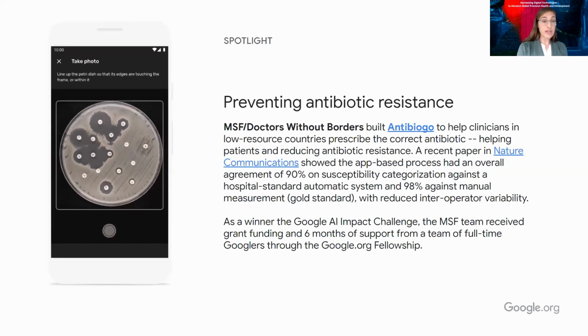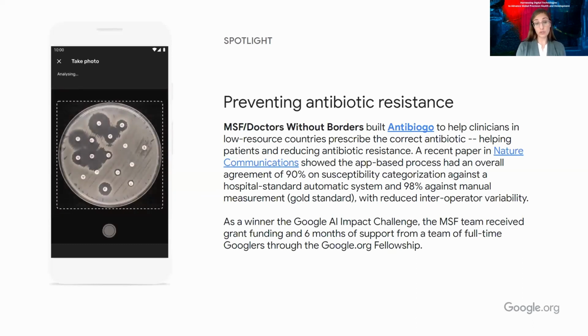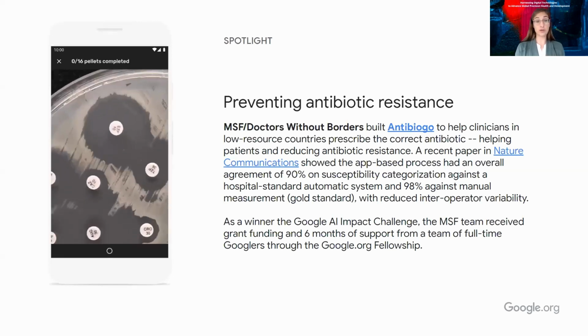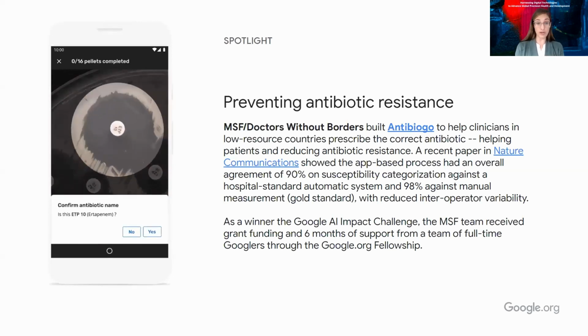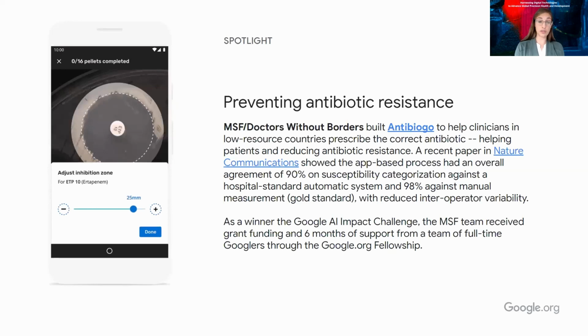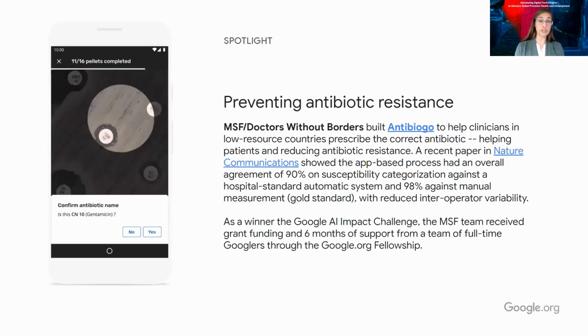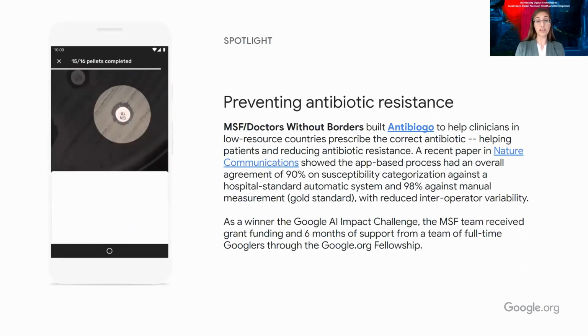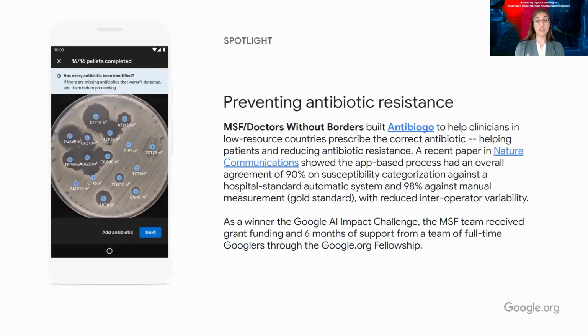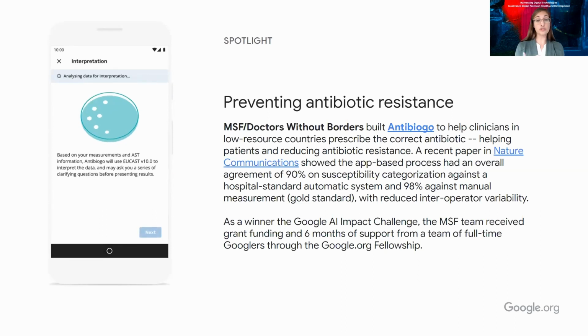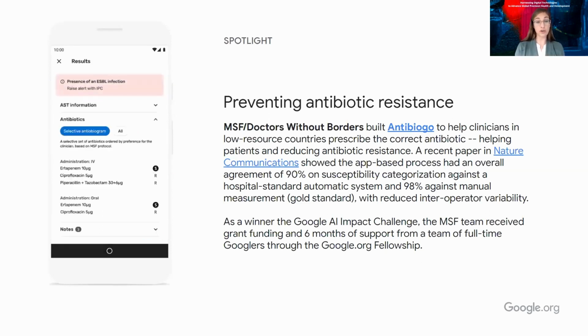As noted on this page, the studies they've done so far, and the tool is just in trials at the moment, I should say, show a really high level of agreement against both the standard automated tools and human interpreted results, which I think is really telling and shows the opportunity we have to layer these tools into clinical settings, as Manisha was mentioning, where there might not be technical expertise available on the ground.